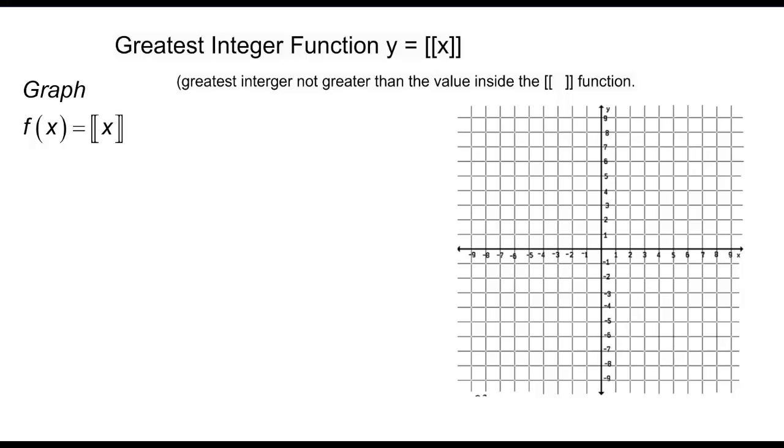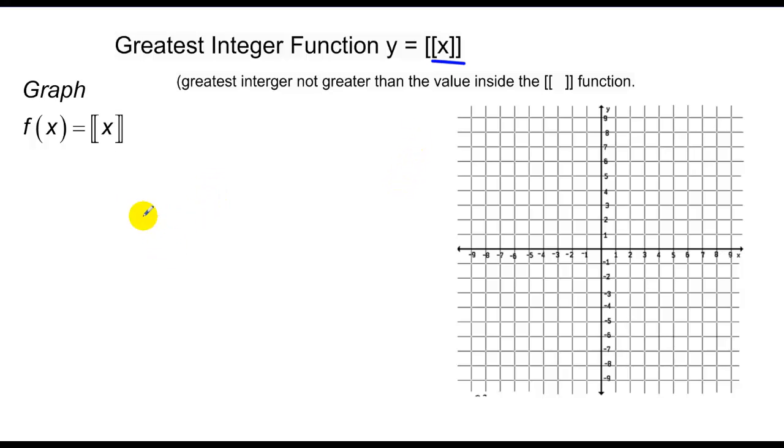The next thing we're going to talk about is the greatest integer function. What the greatest integer function looks like is this double set of brackets around the x. It says the output is the greatest integer not greater than the value of the number inside this double set of brackets.